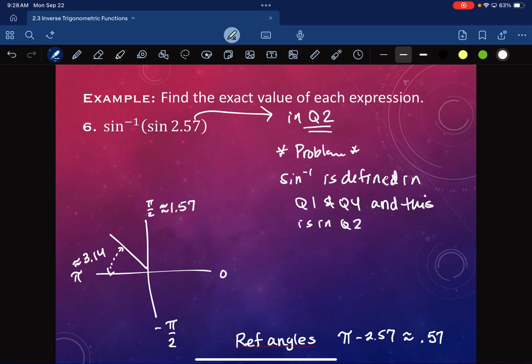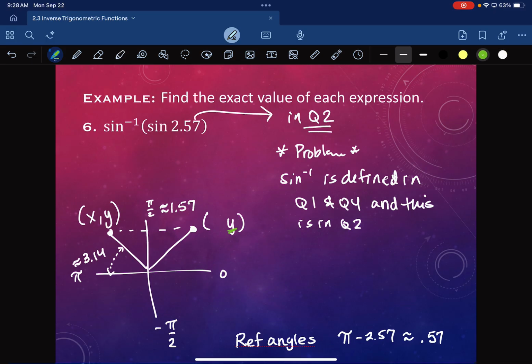Okay, so what I need to do is reflect this image back into whichever quadrant I'm actually supposed to be in to have that same sine value. Which quadrant will have the same y value as this point? Sine is y. Quadrant 1. Over here, there's a measure that has the same y value as we have over here.